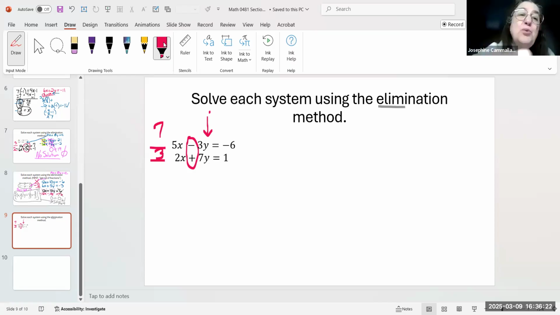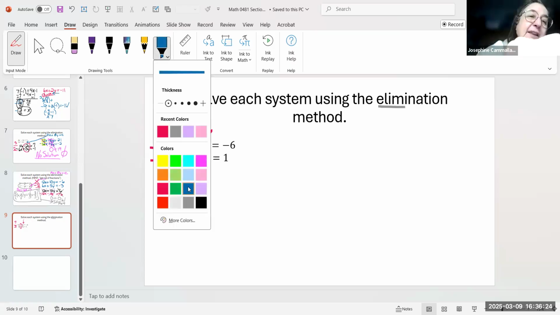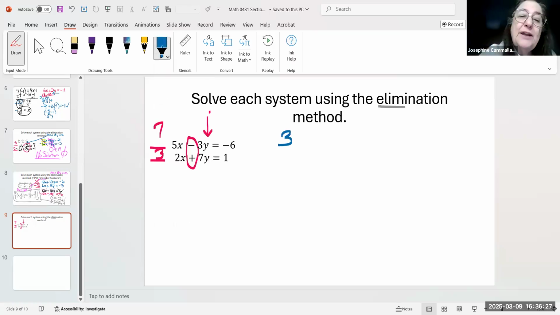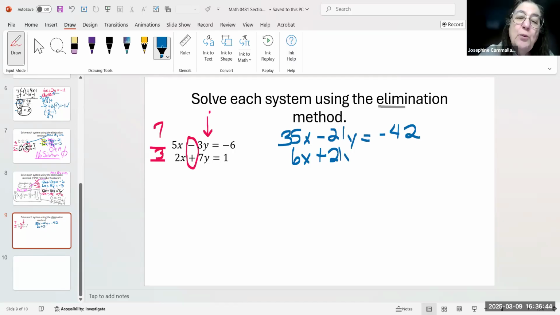Well, this will give me 35x minus 21y equals negative 42. This will give me 6x plus 21y equals 3. Now you're going to find that these fractions are not very nice because, as we just found, this is going to eliminate.